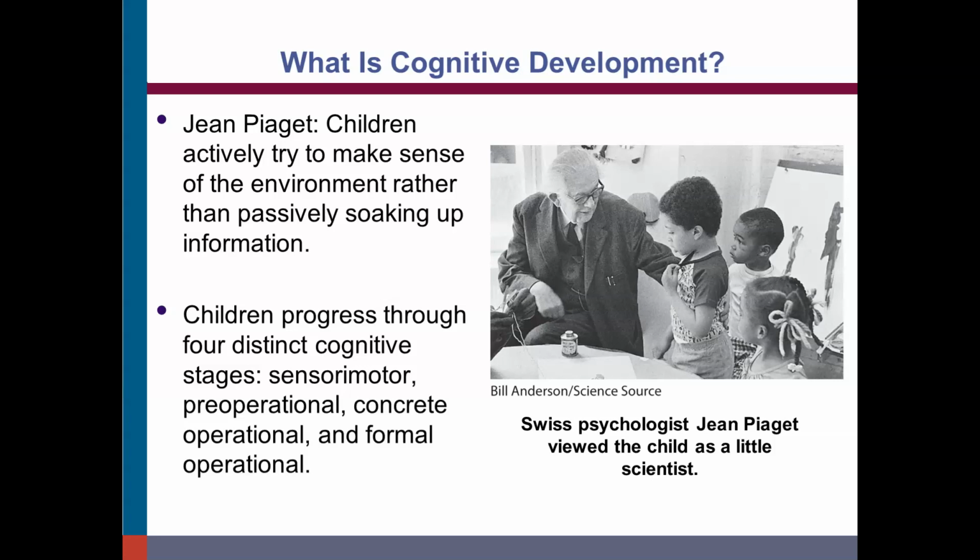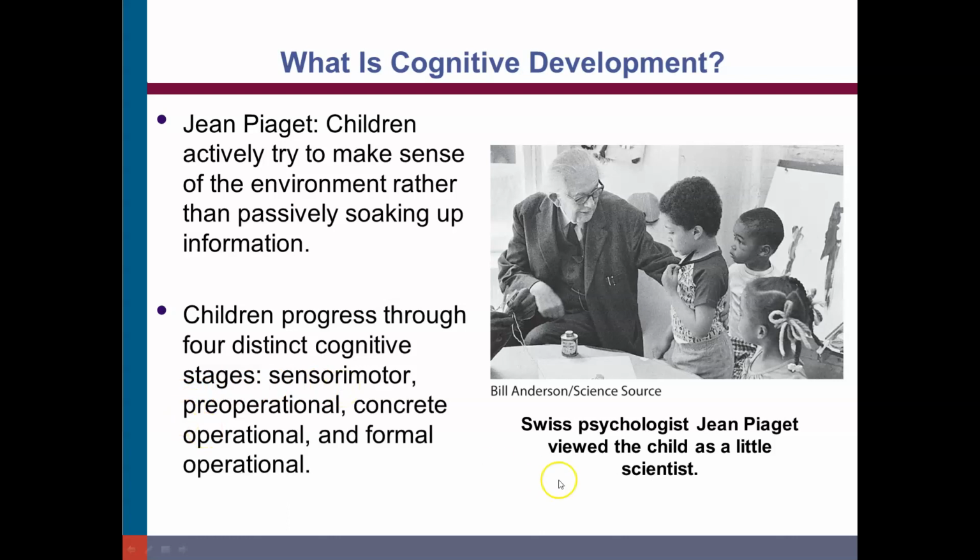Well, that is sensory, and that is how they interact with the environment. And so hence, the term sensory motor. Okay? Grasping, tasting, sucking, things like that. Okay? Listening. That's their senses.